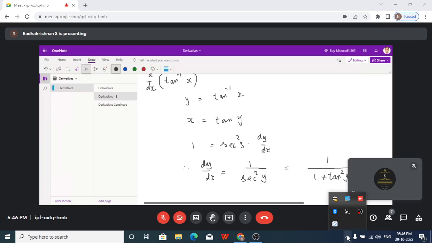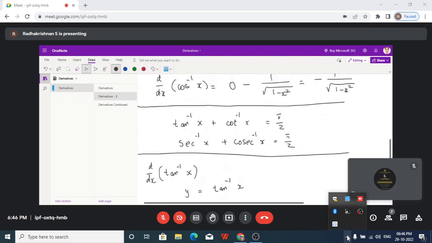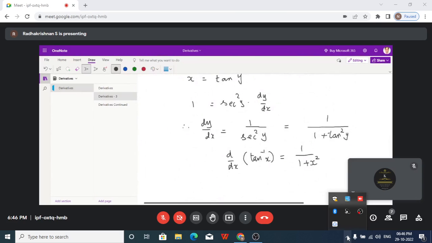So secant square y will be 1 plus tan square y. Therefore, d by dx of tan inverse x is equal to 1 by 1 plus x square. Note that in sin and cos there was a square root below, but in tan there is none.